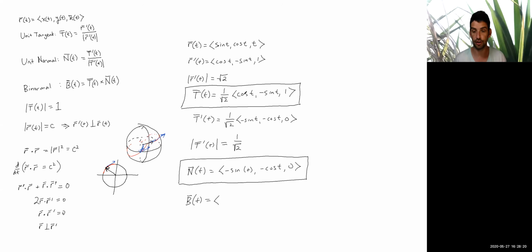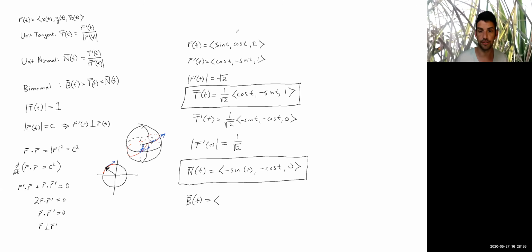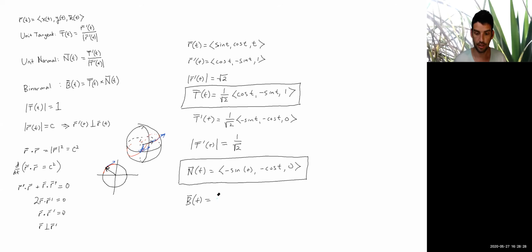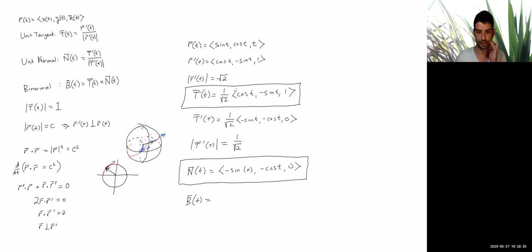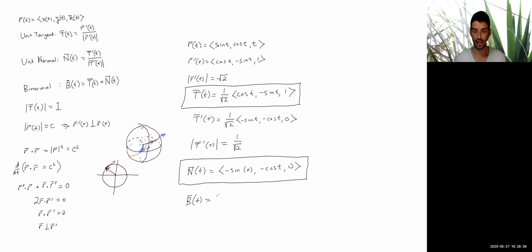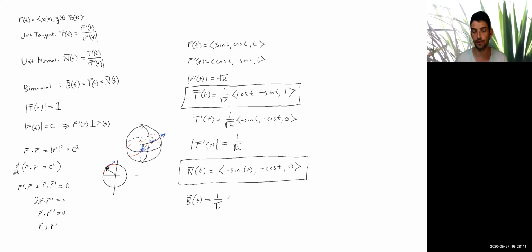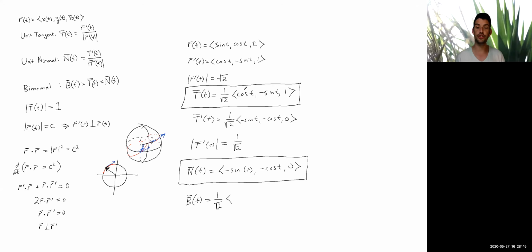If we do t cross n, we get, let's see, first of all, I'm just remembering our properties of cross products. We've got vector t crossed with vector n, and there's this scalar in front of our vector. That can just be moved to the front. That was one of the properties. So now I can ignore that and leave it out front here and then see what we get.